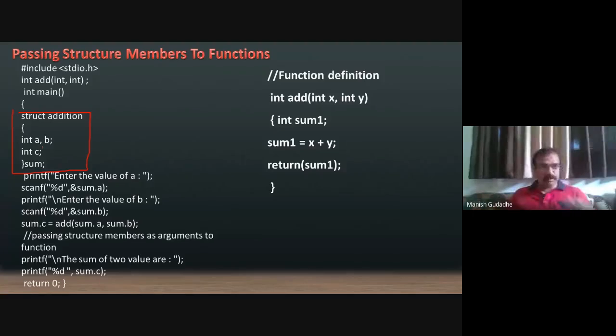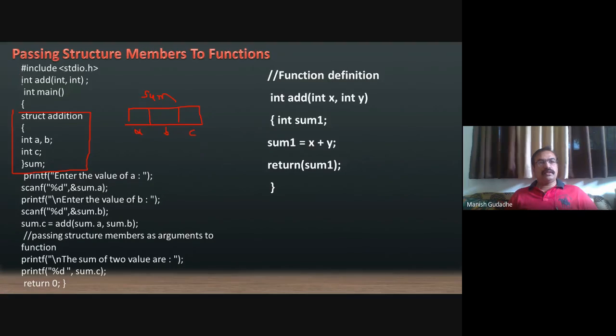It has three data members, A, B, C. All three are of integer type. So we are going to have a declaration of a structure, and as soon as sum is created, this kind of memory piece will be allocated to it, which will be sum.A, sum.B, and sum.C. So this is a normal declaration. These members can also be passed to the function.